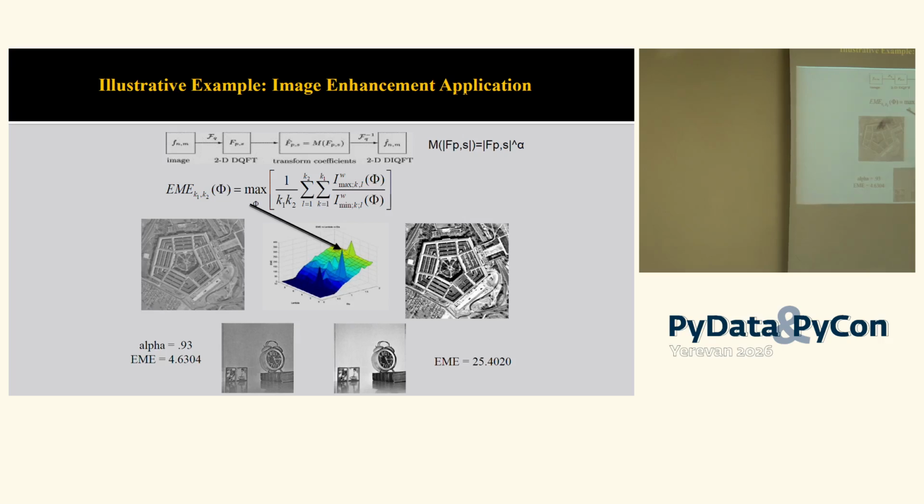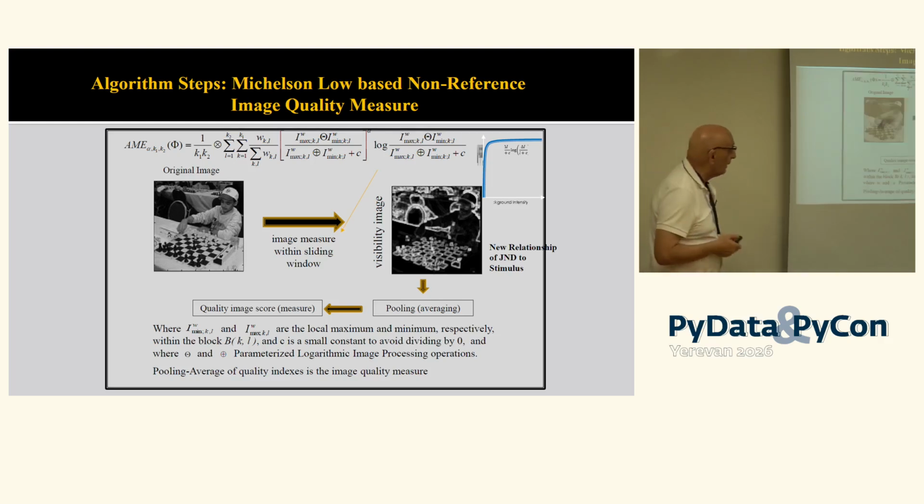Now you can see the measure, using only this simple measure, chooses the best parameter, 93, and this is the AME measure of the original image, and this is how the parameter is changing. That means you have one image, then a very simple algorithm helping us to make better images.